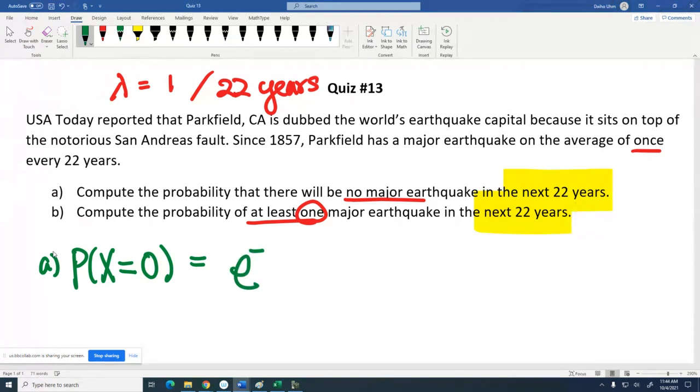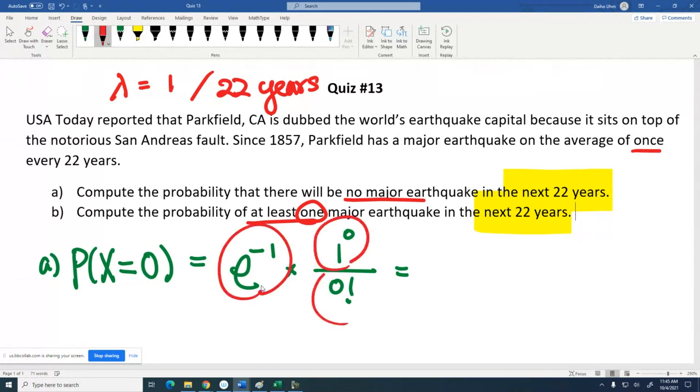Then e to the negative lambda 1, and lambda 1 to the power 0, over 0 factorial. So piece by piece, please take them all and take the multiplication. And we are going to discuss part B a little bit later. So please try to take the probability.